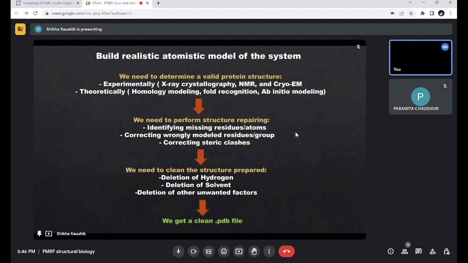So you have to delete hydrogens, solvent, and other unwanted factors that are there maybe because of the crystal you have made, or whenever you are doing your NMR. Whatever happened due to the solvent presence, you need to remove from your PDB. You have to make your file clean, and that's how you clean your system.